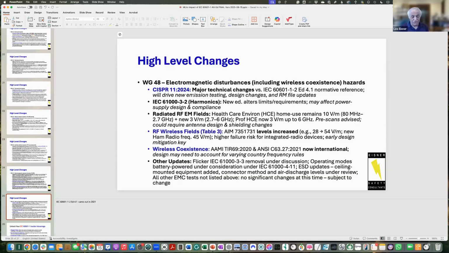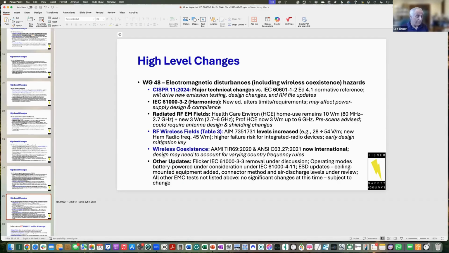The AIM standard, which FDA loves and was pushing years ago, and I think it was the 4th edition of 1-2 of the EMC standard, the levels have increased significantly, basically doubling. That's huge. It's very impactful, and it's going to kill some devices off the market. That's how significant it is.